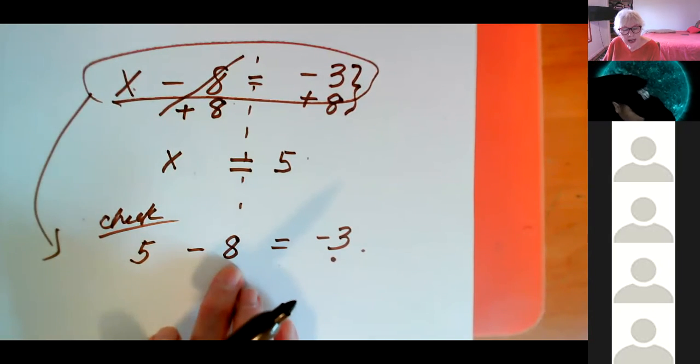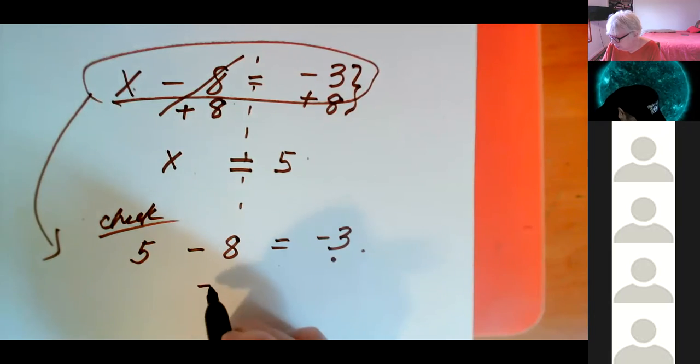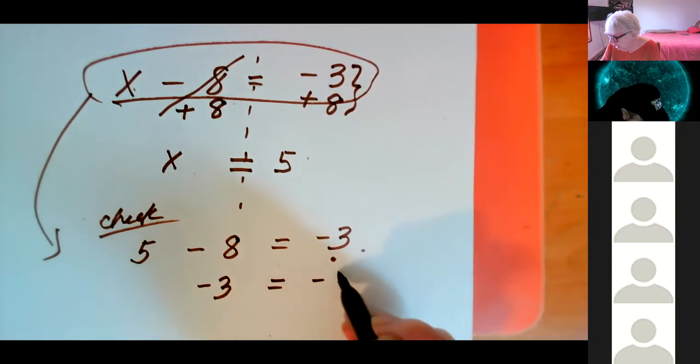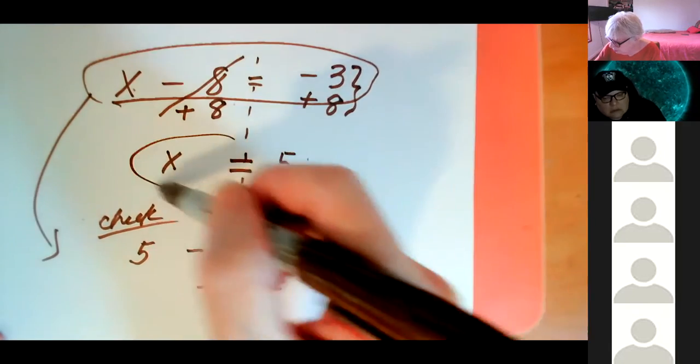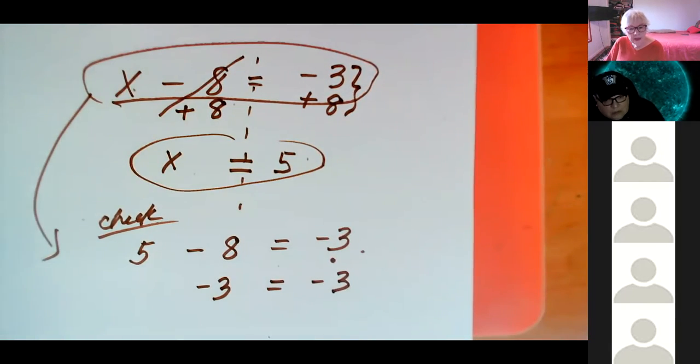So 5 take away 8 is negative 3. I have a good problem. So the answer is not this. That was the answer. This was to confirm it. So we never have to make a mistake because we can always check to see if it's any good. How do we like that?